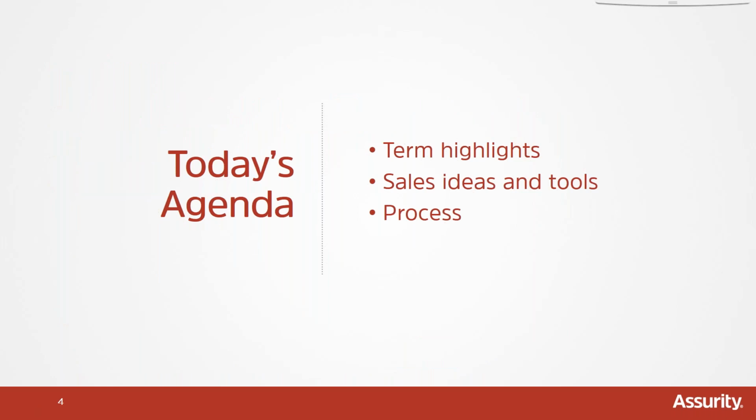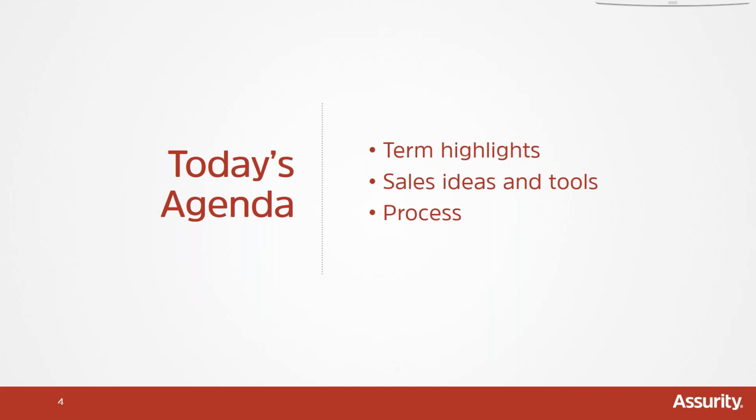On today's agenda, we're going to go over the term highlights. Just want to make sure that you guys know the specifics of the product and are able to know it in and out. We'll go over some sales ideas and tools, which is really going to focus mainly on mortgage protection, and we're also going to go over some of those living benefit riders as well. And then we're going to go over the process.